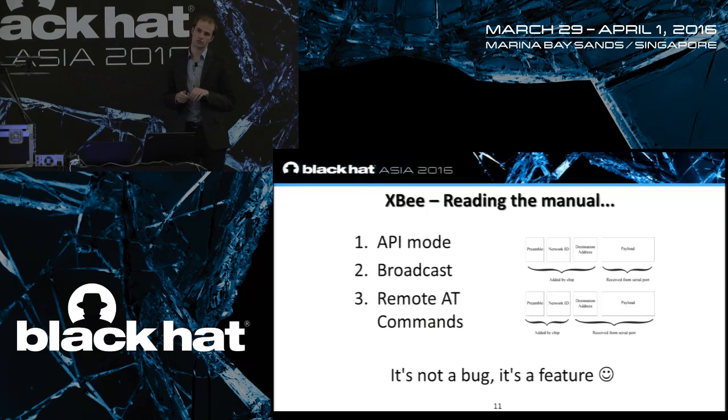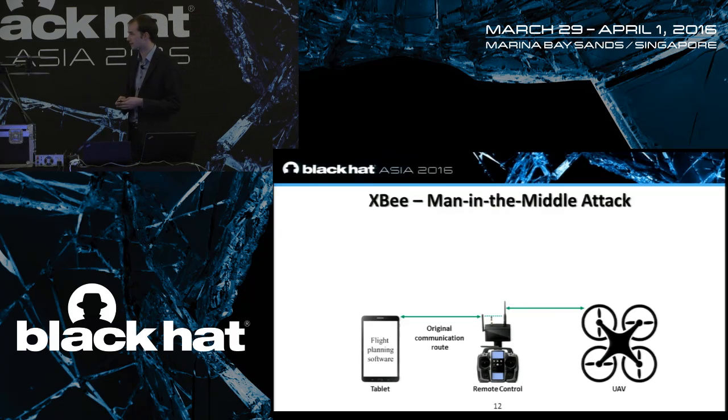And in mesh networks, you need to be able to switch the communication route quickly because there could be congestion on one channel, right? So you would like to switch the communication route. In our case, this is not really good because if you change the communication route of a one-to-one communication, you essentially reroute the communication, and therefore it's possible to mount the man-in-the-middle attack.